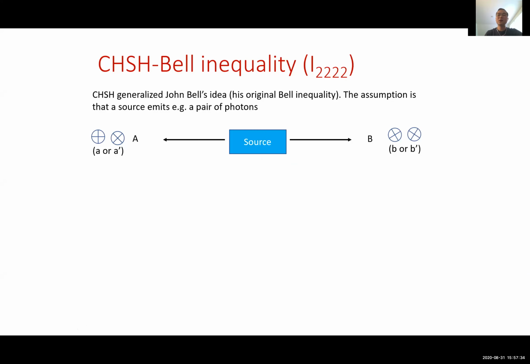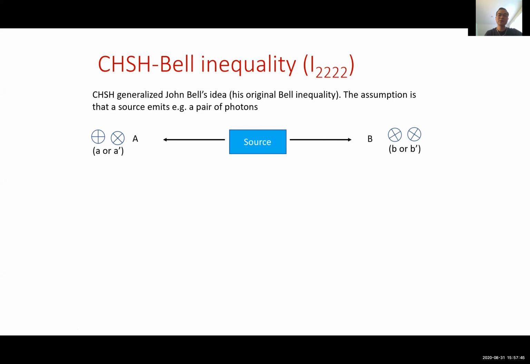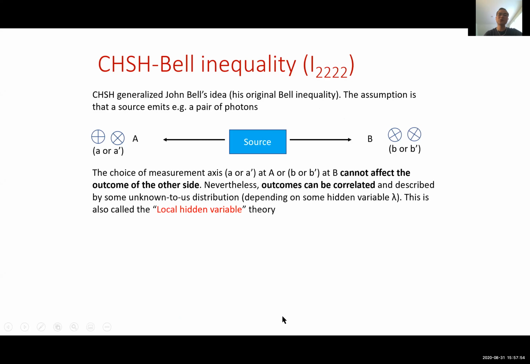Now this is called a local theory, a local hidden variable theory. I'm going to make more assumptions on this. I'm going to assume there is a source that sends 2 particles, one to A and the other to B, and they perform the measurement.